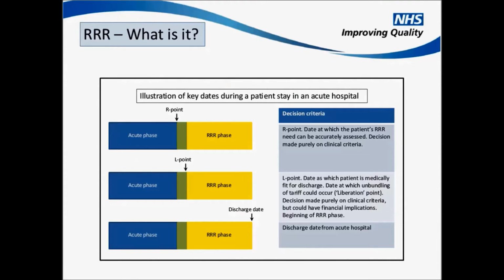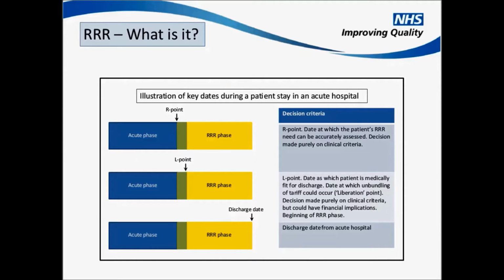The key point in terms of the clinical audit was to identify when the RRR phase started. So one of the key learnings from the early implementers was to undertake some understanding of the different points of the patient stay within acute hospital. As I said, there's an acute phase and there's an RRR phase.